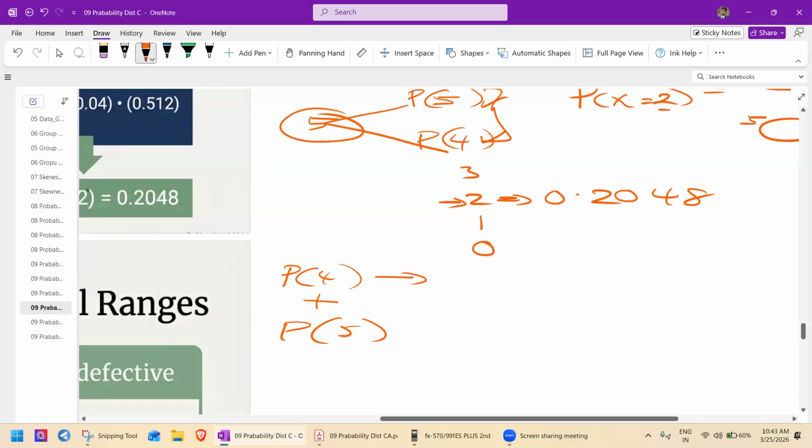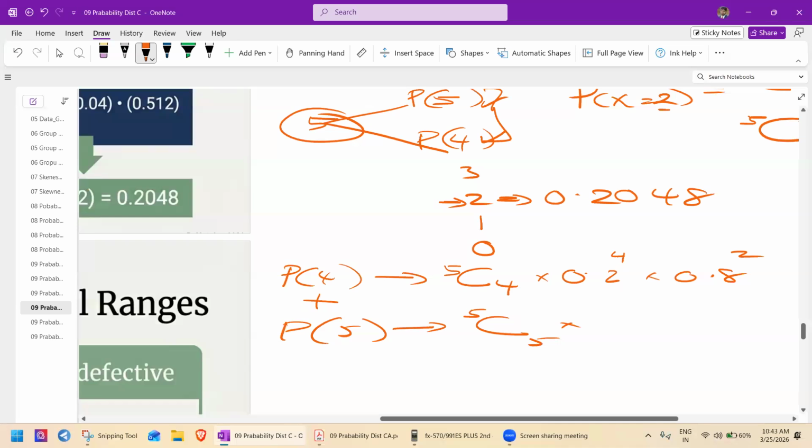So what's the equation here? 5C4 and 5C5, into p, that is 0.2, and r would be 4, into 0.8, that's q, then 5 minus 4 equals 1.